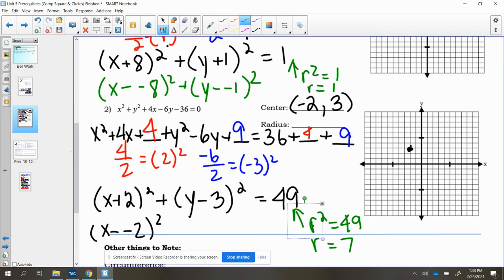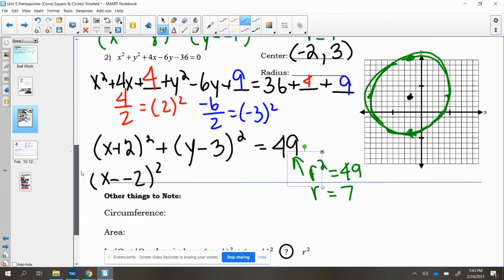So when we graph it this time, we're going up, down, left, right, 7 units from our center. So here, and then 7 units to the left here, down 7, and to the right 7. So when we connect it, we have our graph here of our points. Oops, it was a little big on that. There we go, connect there.